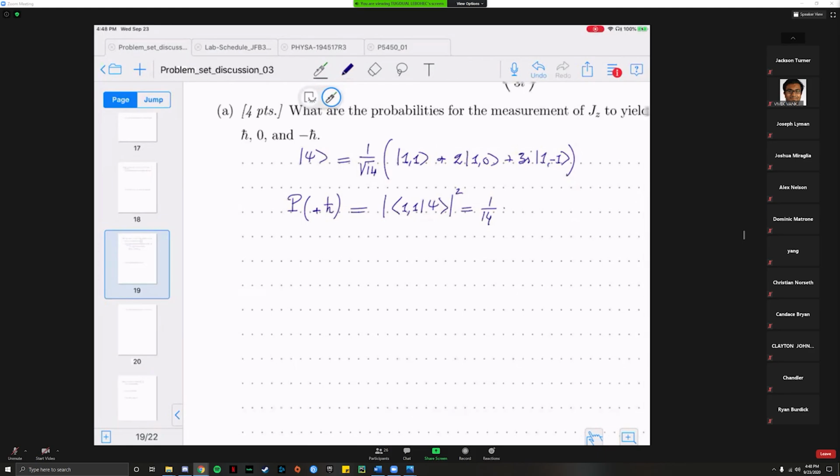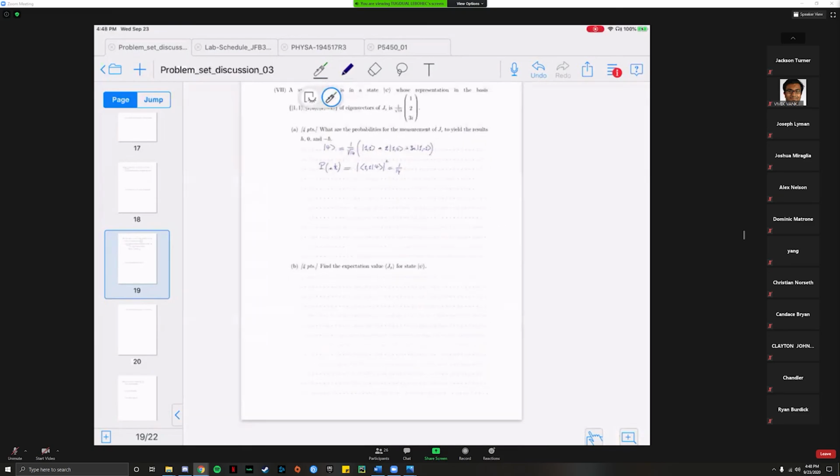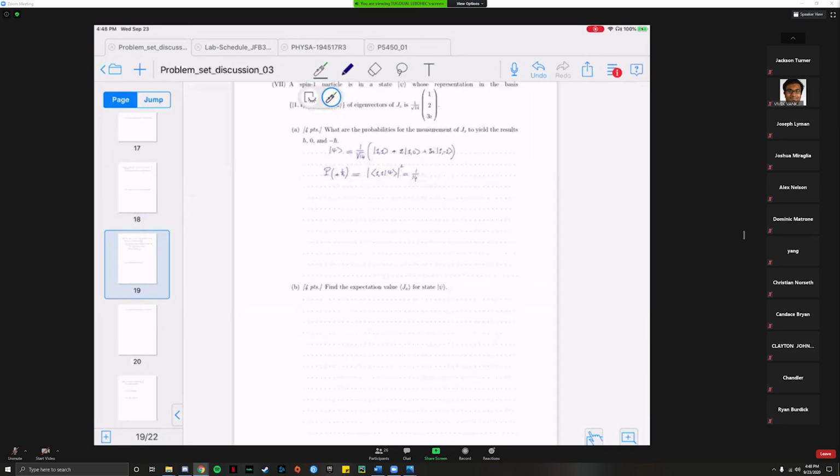Are there any more questions in this problem? Professor, can you give us a little hint about problem 5b? 5b. Oh, 5b.